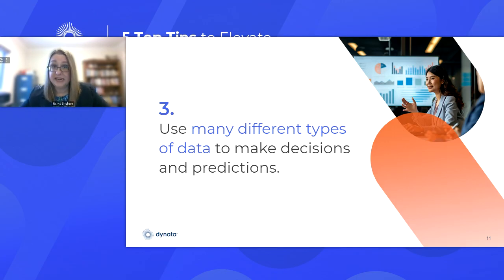AI models need data. So we need to use many different types of data and lots of it. The more data in general, the better for AI prediction. So I mentioned passive data.